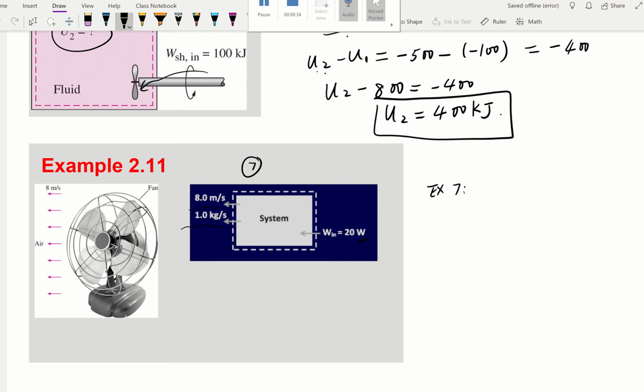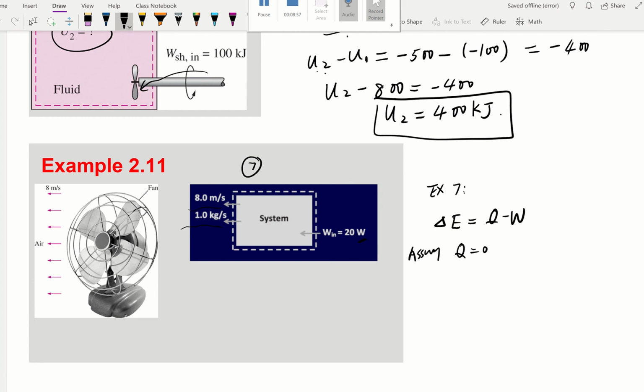How do we figure it out? We start with the same equation, delta E equals Q minus W. All right, let's think about this. In this situation, consider the ideal situation. There's no heat transfer, so we assume Q is equal to 0.